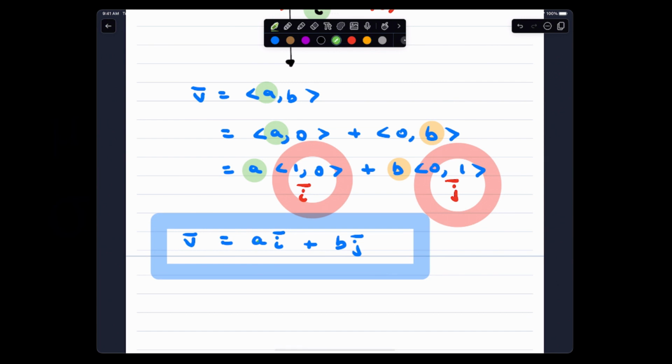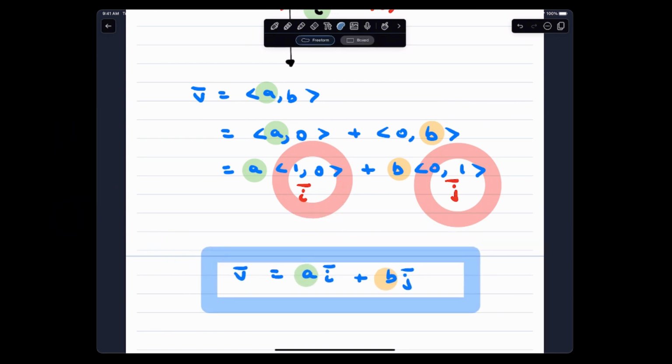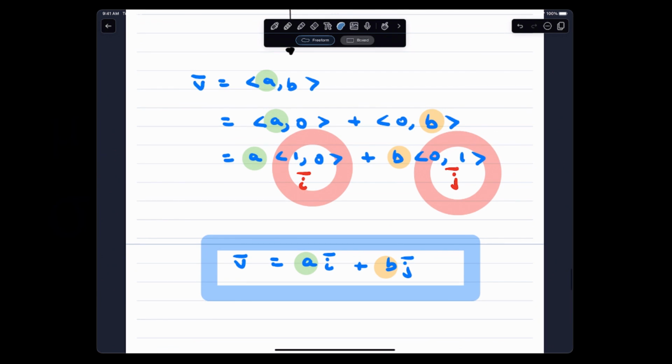Here's the a component, then you have the b component here. Easy peasy, lemon what? Squeezy. Okay, ladies and gentlemen, this is your vector v. There we go, ai plus bj.